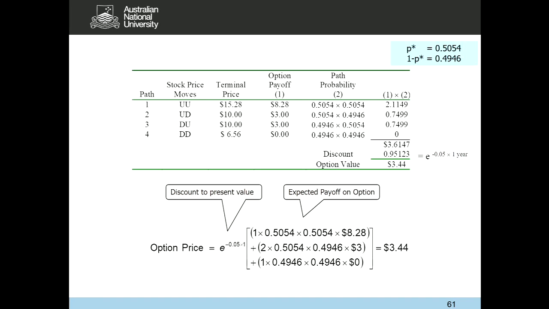We are simply discounting this entire expected payoff all the way back 12 months. So instead of using 0.5, I'm using 1. So that's a 5% risk-free rate times 1, and we get the option price of $3.44. Same answer as we got before.